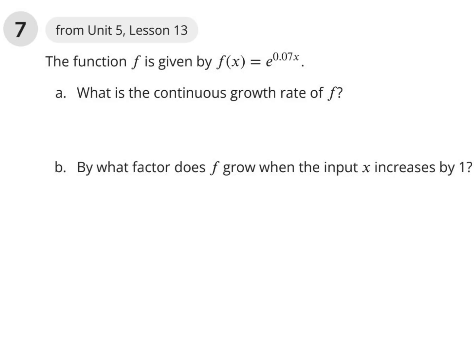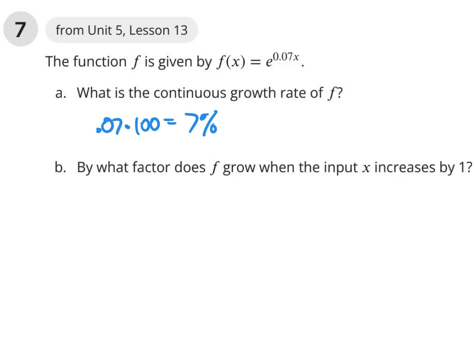Okay, here's our equation. What is the continuous growth rate? 0.07 times 100 equals 7% continuous growth. By what factor does f grow when the input increases by 1?